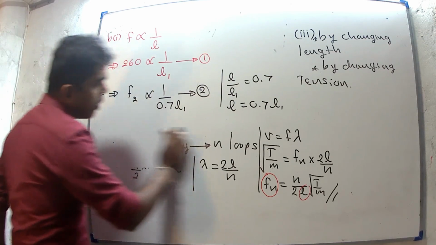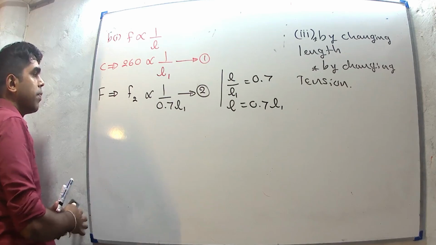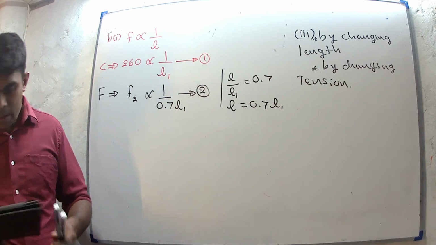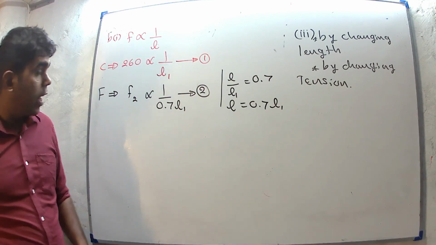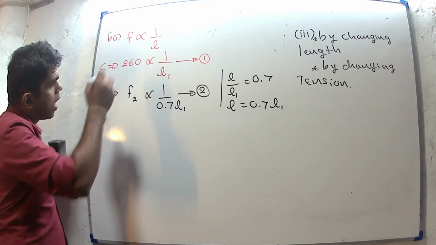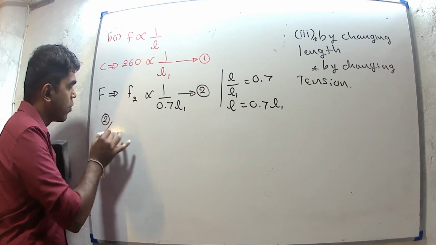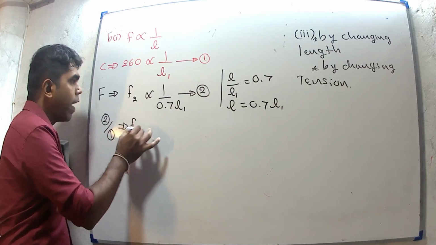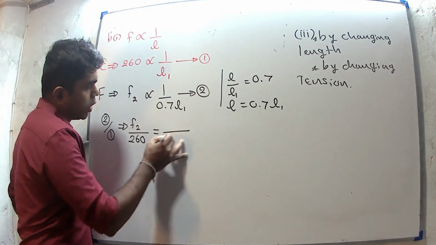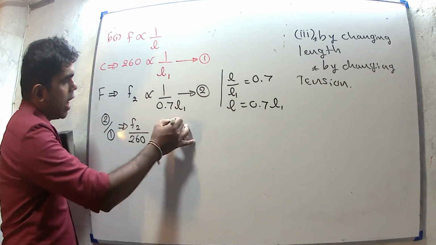Then we can divide the equations to get the F2 frequency. F2 means frequency of musical note F. I will divide the second equation by the first equation. F2 divided by 260 equals 0.7 L1 divided by 1 over L1.